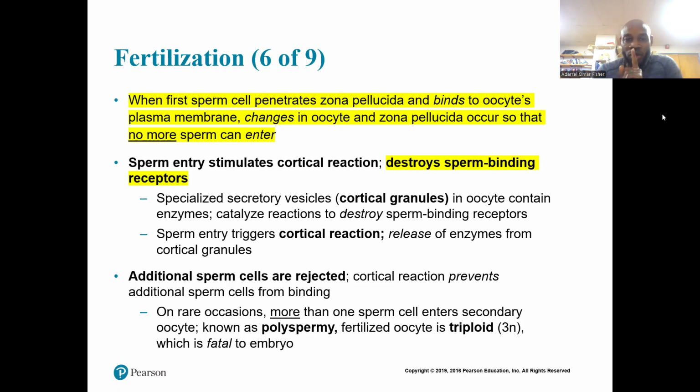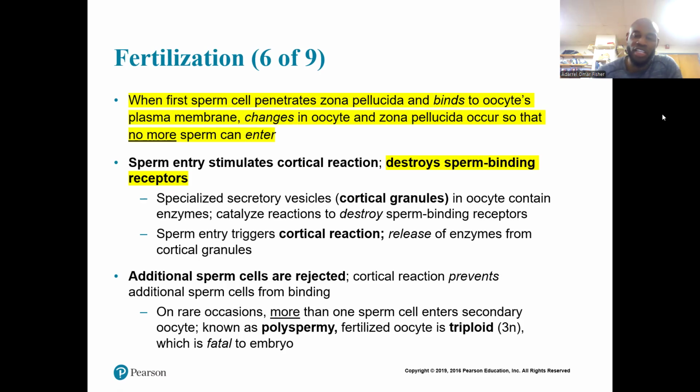But when the first sperm cell penetrates the zona pellucida and binds to that egg's plasma membrane, it changes the egg and zona pellucida. Changes in that egg and zona pellucida occur so that no more sperm can enter. Right? So it takes multiple sperm to release enzymes to break down the outer barrier. But once one sperm is able to break through and bind, now no more sperm can bind. He's the lucky one.